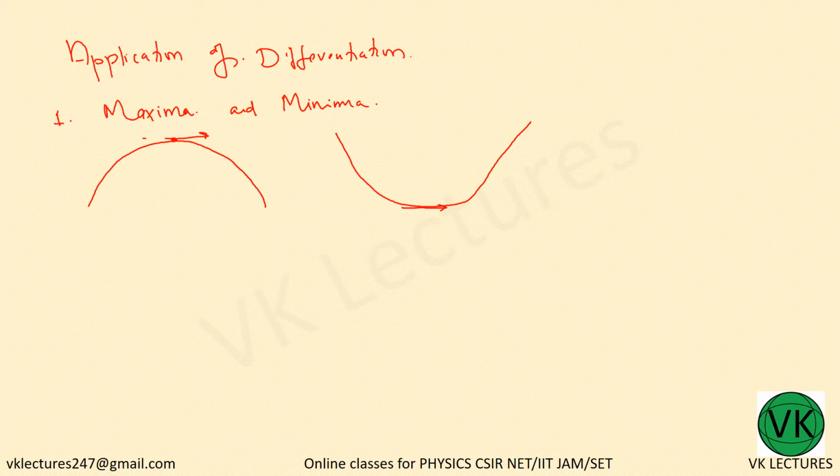Okay. How do you find maximum and minimum? It is just by putting slope is equal to 0. Now at this point slope is 0, right? Straight, parallel to x-axis. At this point also slope is 0. What about this point? Slope is not 0.